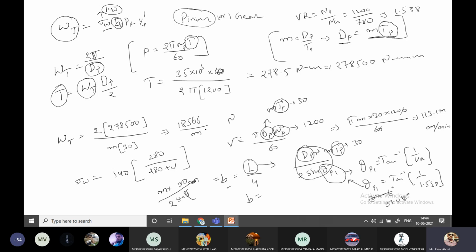L is the slant height of the pitch cone. Get the L value.